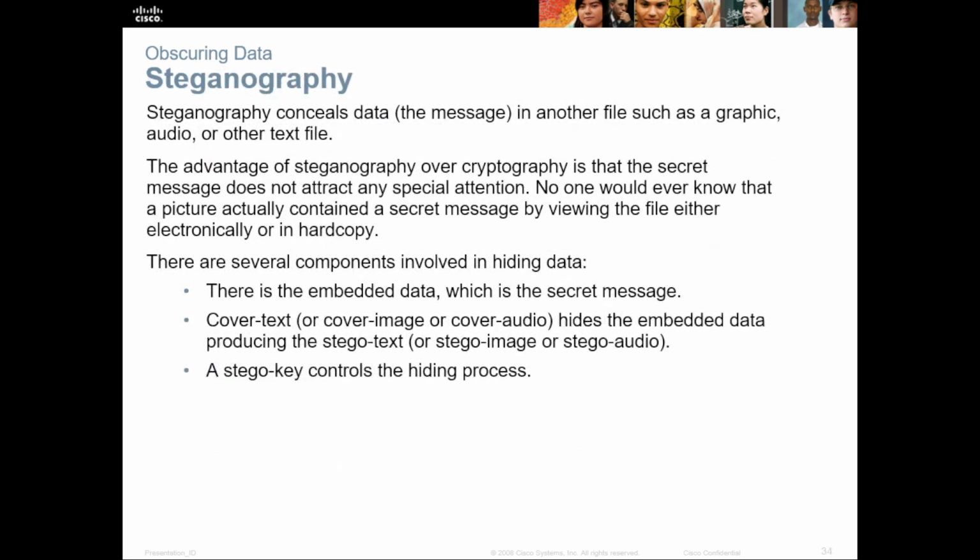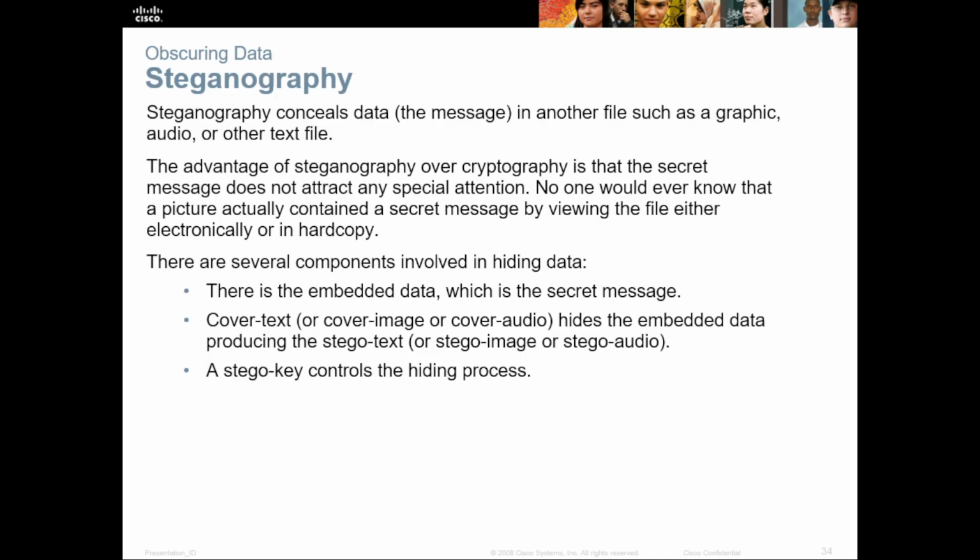Now let's look at steganography. Steganography is concealing data inside another file. The advantage of steganography over cryptography is that the secret message does not attract any special attention. No one will ever know that a picture actually contained the secret message by viewing the file either electronically or in hard copy. There are several components involved in hiding data.